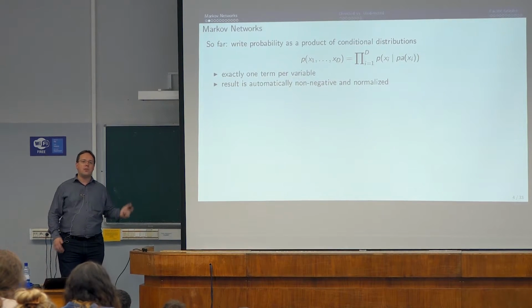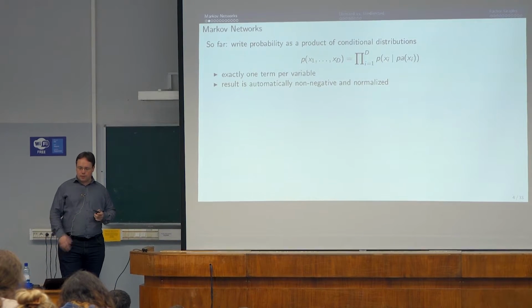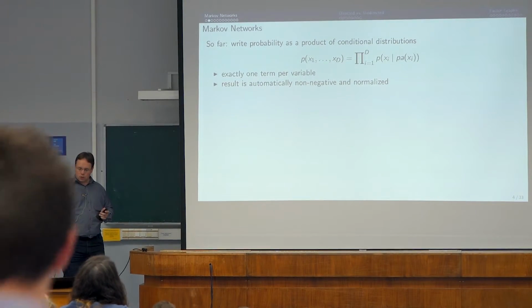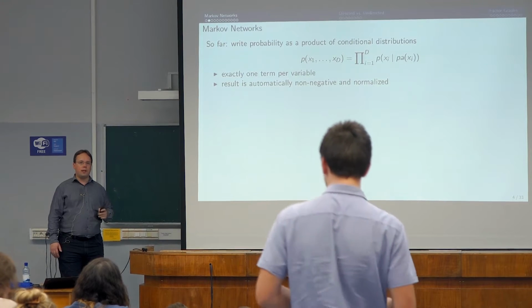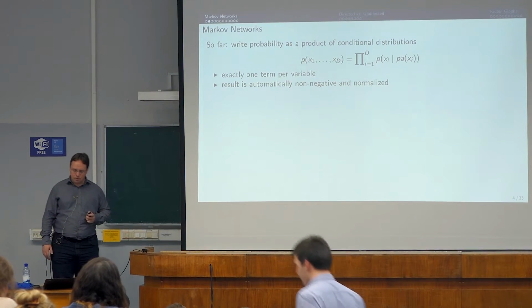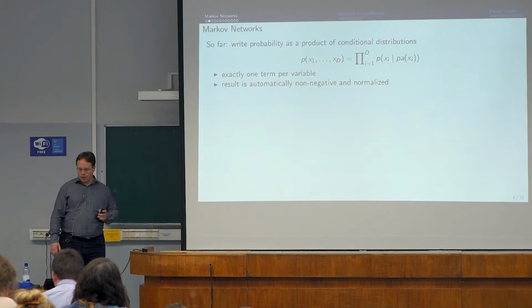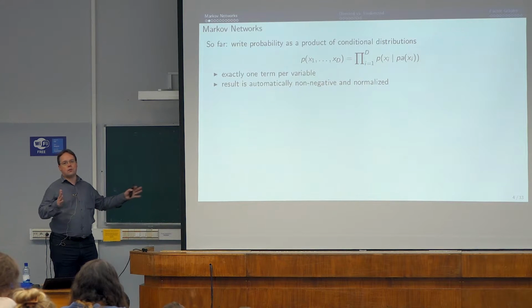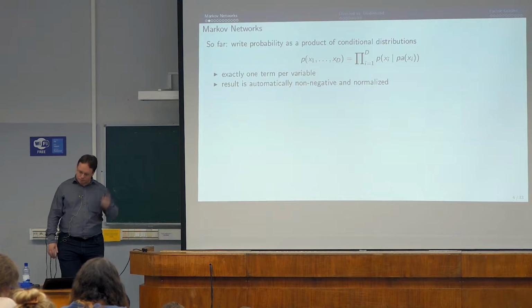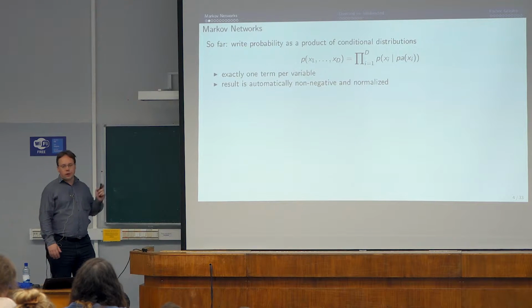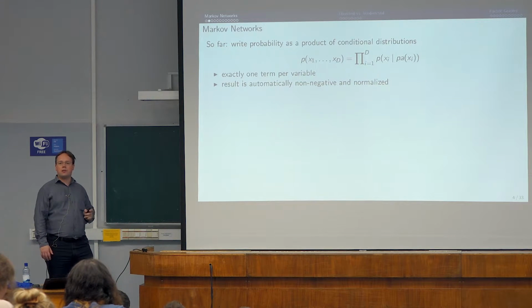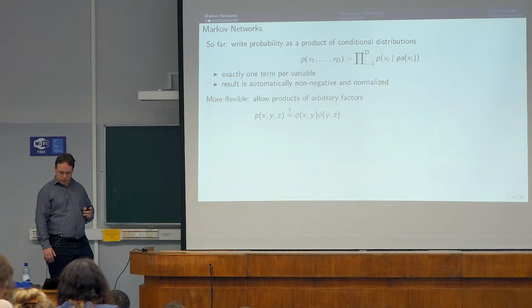Automatically, by the rules of probability, if you multiply them all together in a graph, what you will get is a joint probability. It's automatically going to be non-negative and normalized, just because of how these products work out. That is very convenient, but sometimes it's a bit too limiting in what you want to do.